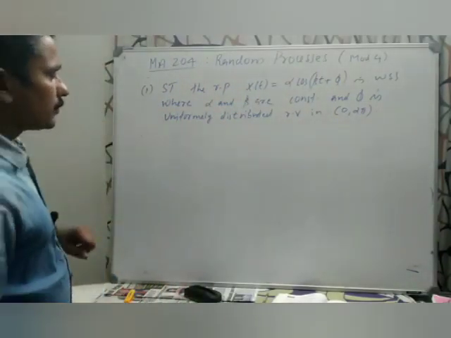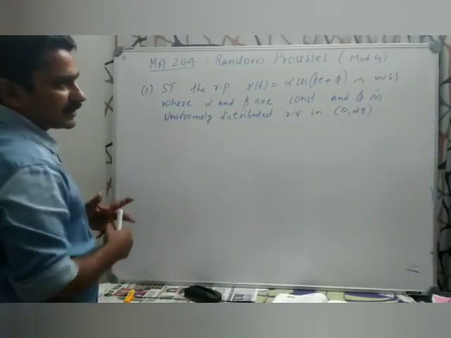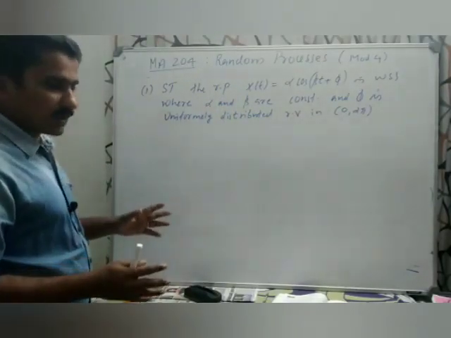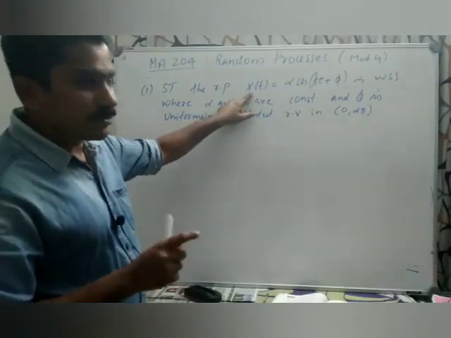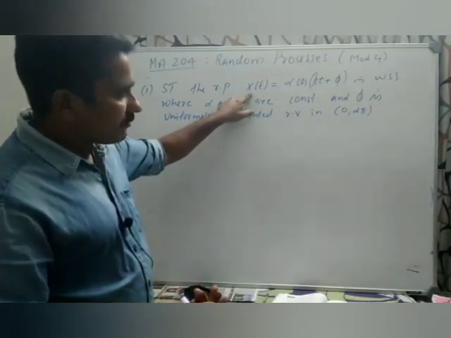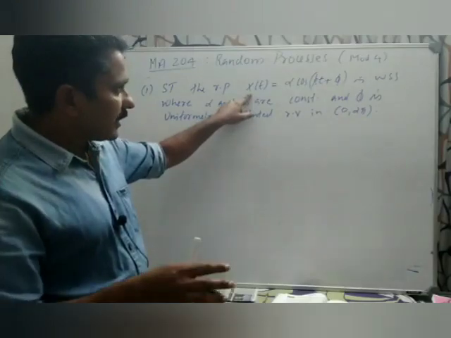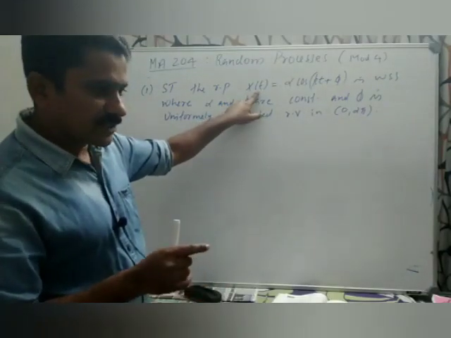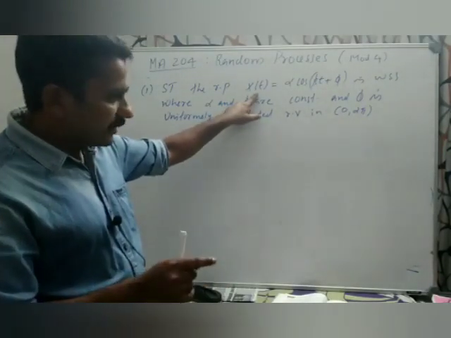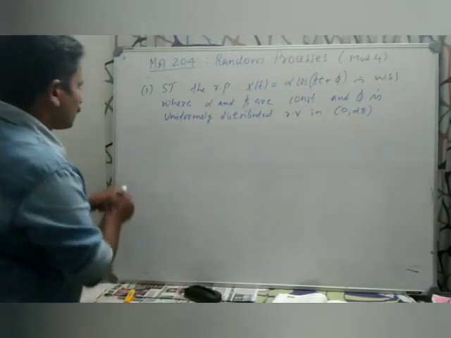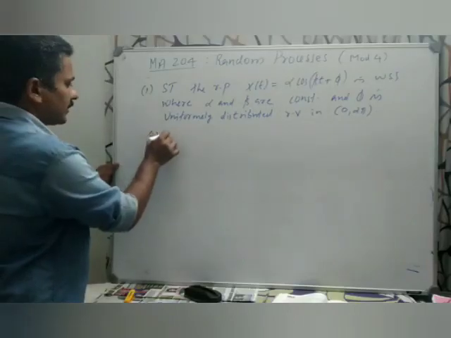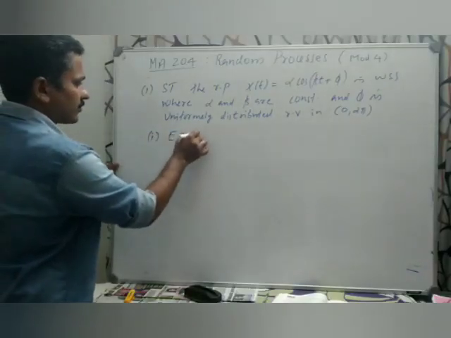To prove that this one is a WSS, two things have to be proved. First, we find the expectation of this one, and that should be a constant. Second, we find the autocorrelation function at t1 and t2, and we should get a function of t2 minus t1. First, we find the expectation of x of t.